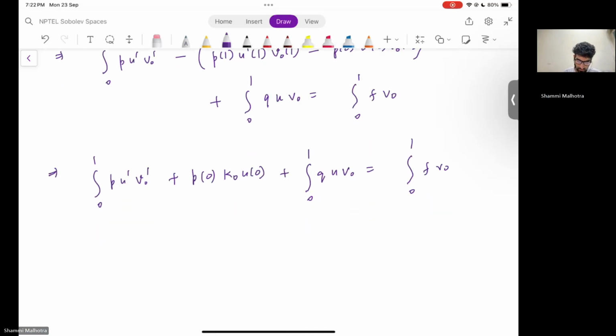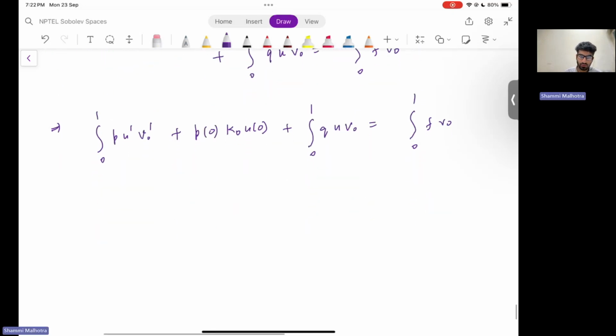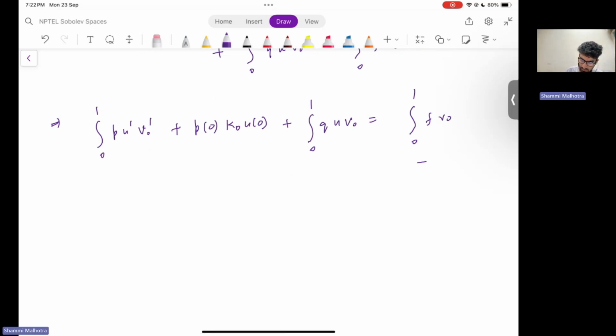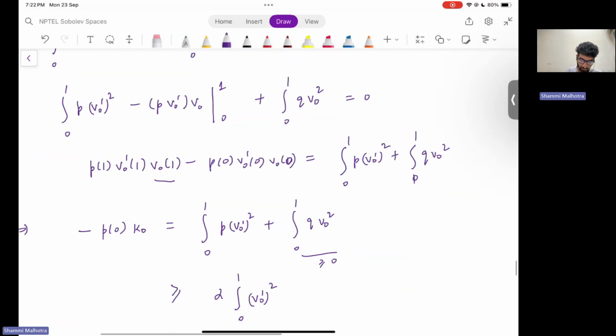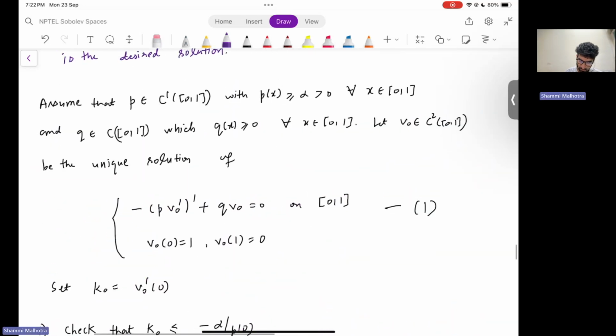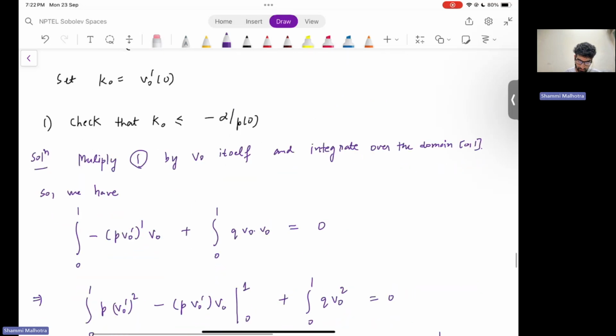Now let's name this to be 3. Now as v naught is a solution and u is also a solution, so u naught satisfies the first part, and v naught is the solution of this equation 1, and in the weak sense we have this.